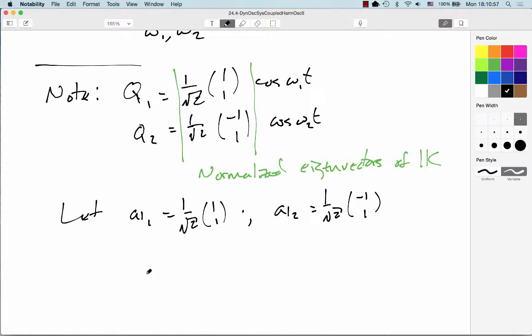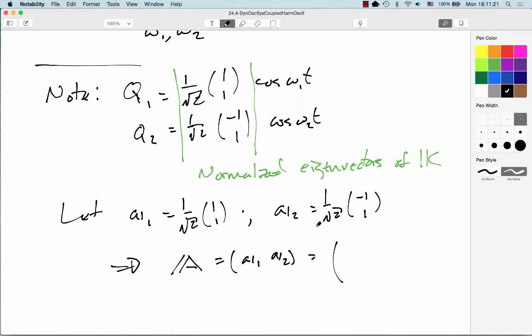And so then we can get our transformation matrix A. So again, if you can intuit the symmetry, you can get the transformation matrix right away by writing it as a row matrix of A1 and A2.